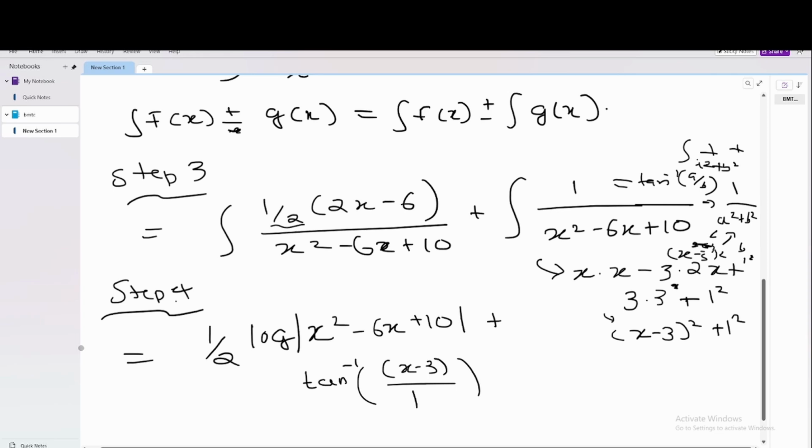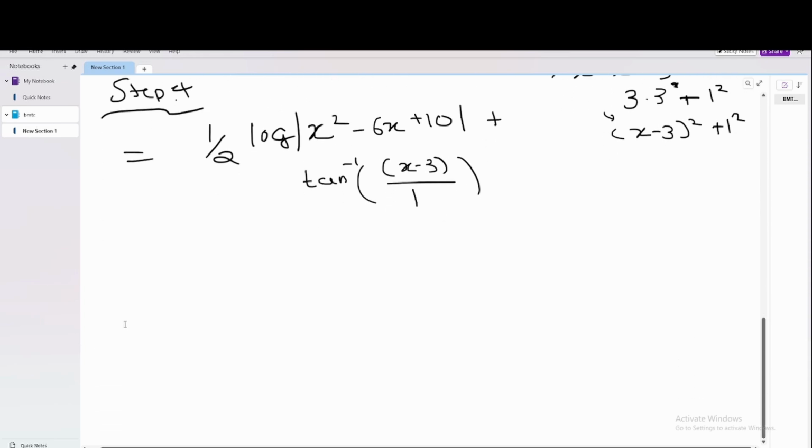So we can rearrange the whole term like this.